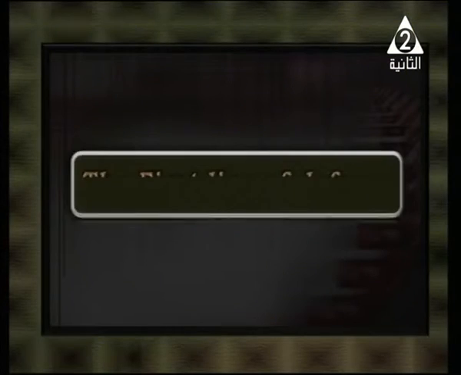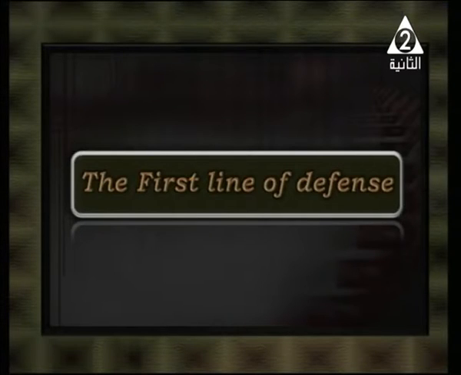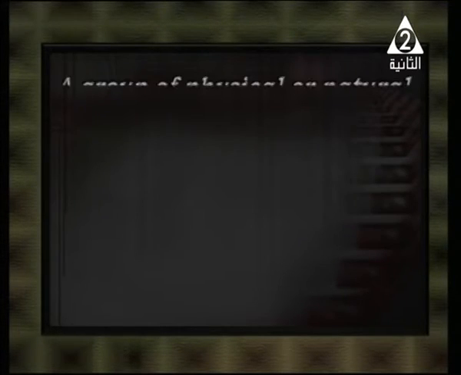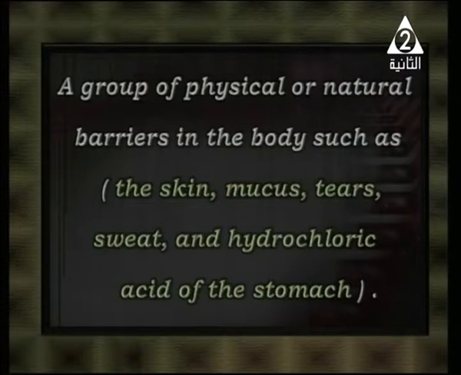The first line of defense that we have is a group of physiological or natural barriers inside your body, such as your skin, the mucus inside your nose, tears, sweat secreted by the sweat glands of the skin, and hydrochloric acid secreted by your stomach for digesting food.